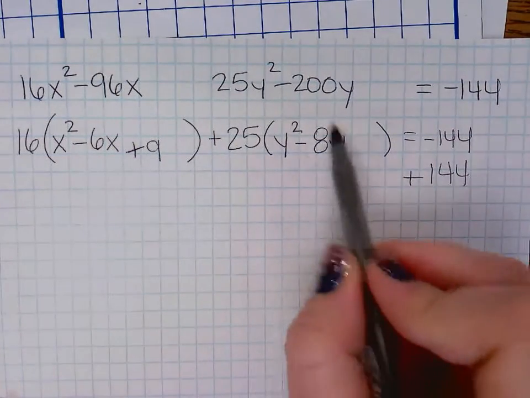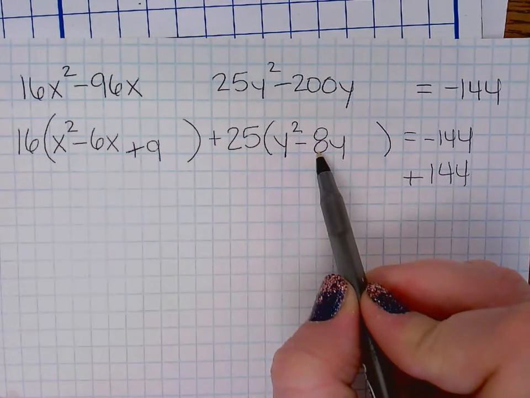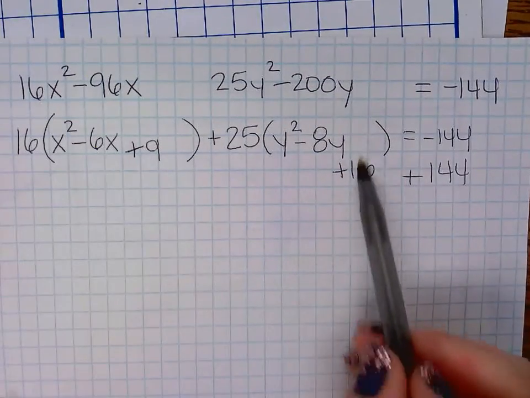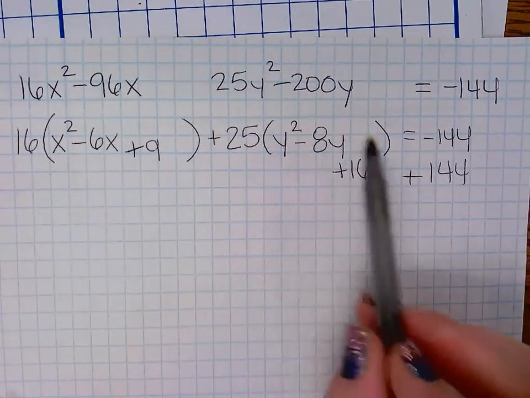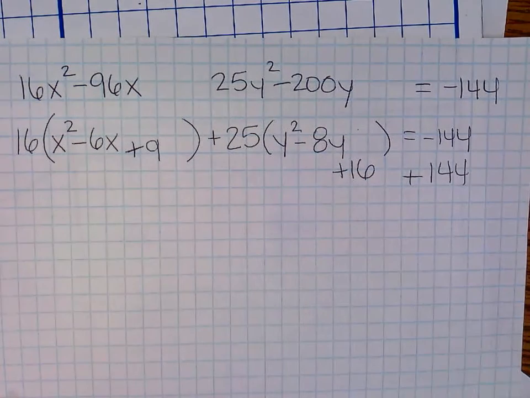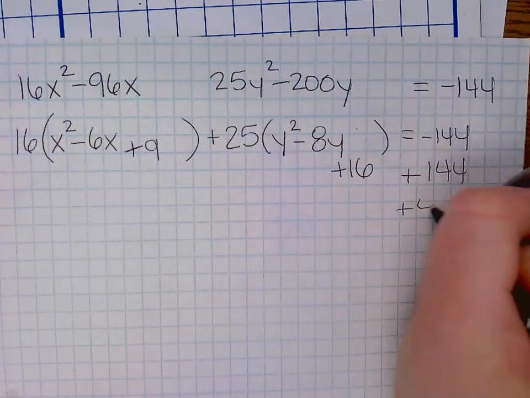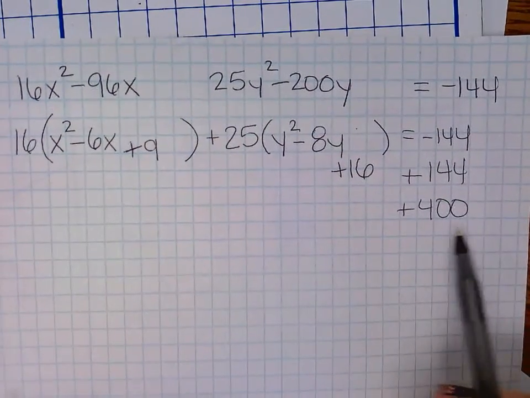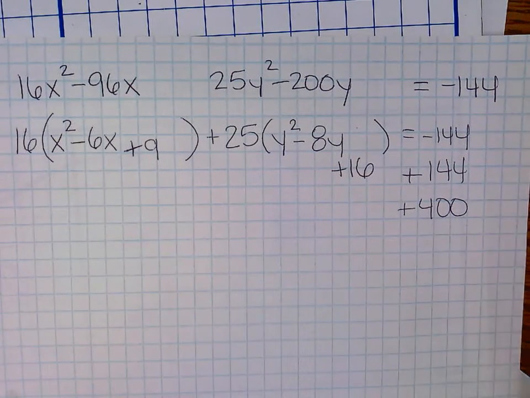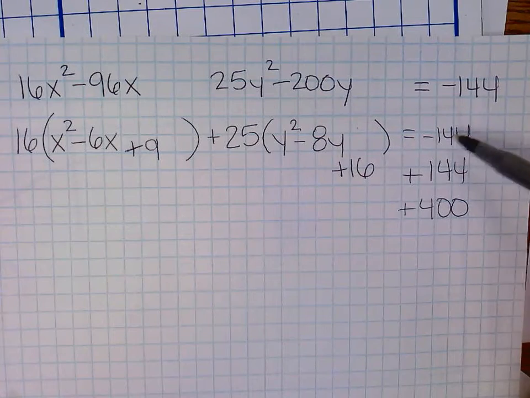And then on this one, half of -8 is -4, and then 4 squared is 16. So I'm adding 16 inside this trinomial, but I have to add 25 times 16 to the other side. Sometimes people forget to distribute and add. So I'm really adding 400 to the other side of the equation. I actually have a total of 400 because -144 plus 144 adds up to 0.